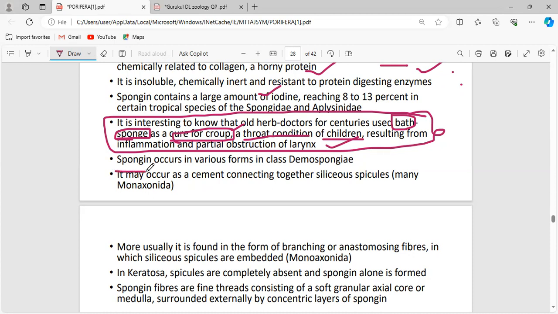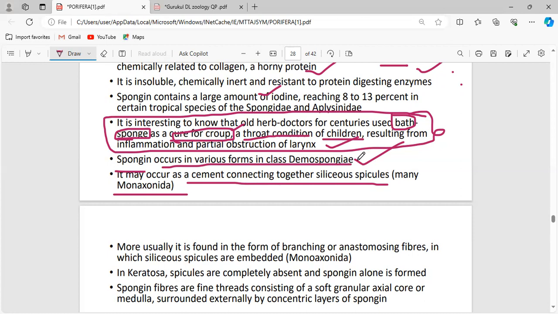Now, spongin occurs in various forms in the class Desmospongiae. In the class Desmospongiae, the spongin fibers will be in different forms, and it may be as a cement connecting together siliceous spicules as in many Monaxonida. As I said before, in the class Desmospongiae, the poriferans or sponges possess both spicules and spongin fibers in their skeletal system.